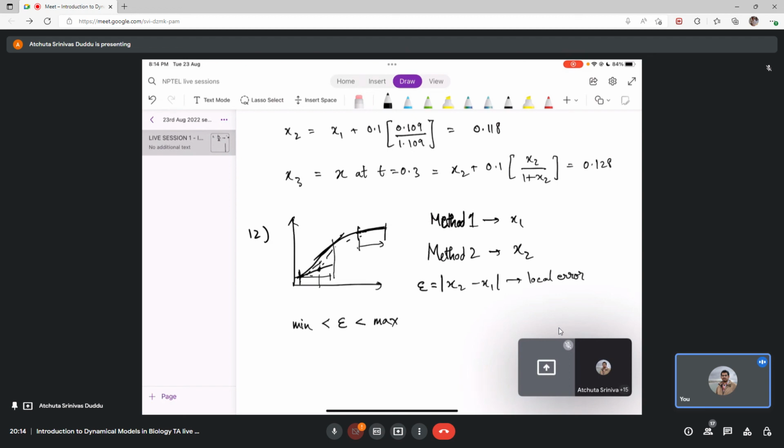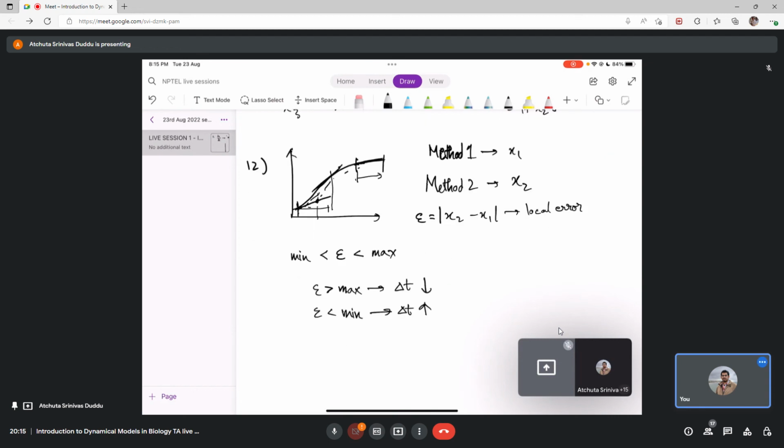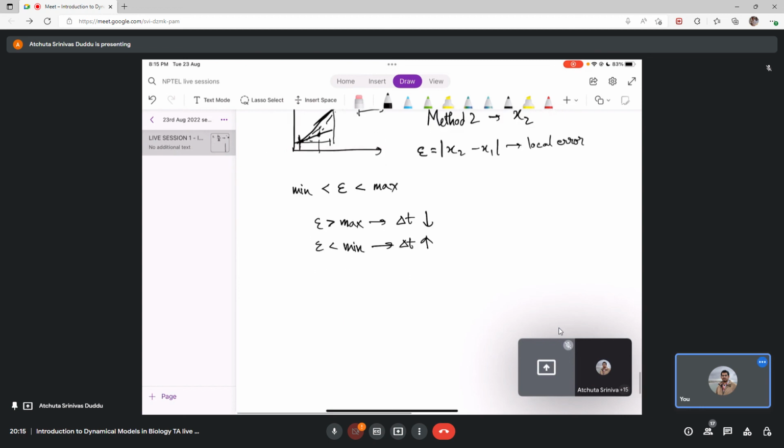So if this e goes beyond max, then you change the delta t, the time step, you try to reduce it, so delta t by 2 or something. If it goes less than min, then you try to increase the time step, so that you can be kind of optimal between the computational time versus the inaccuracy, right?